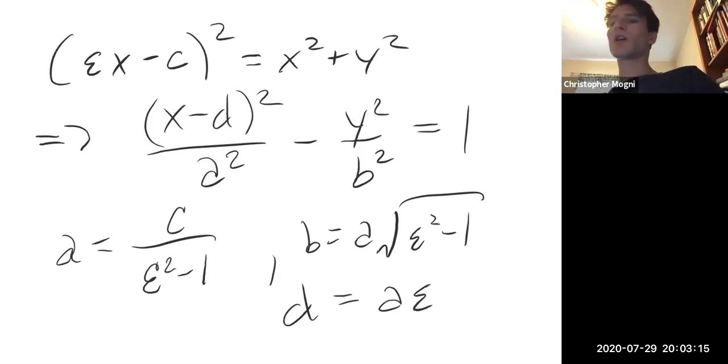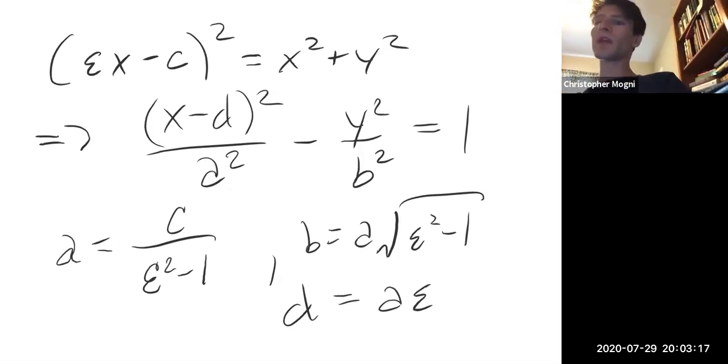This is the equation for a hyperbola. The reason being is that there's a relative minus sign between the x squared over a squared term and the y squared over b squared term, and a squared and b squared are not necessarily equal to one another. All that the d does is offset the x coordinate. So what I mean by that is the origin of the hyperbola ends up being offset.